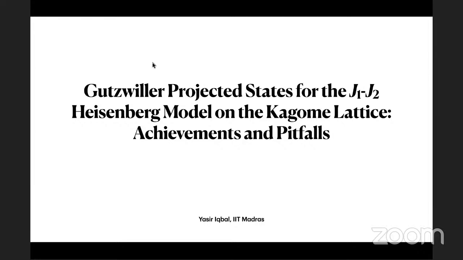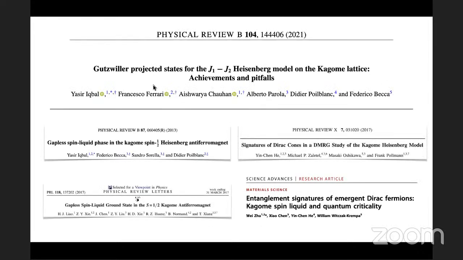In this work, I'm going to describe the achievements and the shortfalls, pitfalls of this approach using Gutzwiller projected states for the J1-J2 Heisenberg model on the Kagome lattice. This work recently appeared in Physical Review B. It's a collaboration with the postdoc Francesco Ferrari and Didier Poilblanc, Alberto, and Federico Becca, and my student Aishwarya Chauhan.